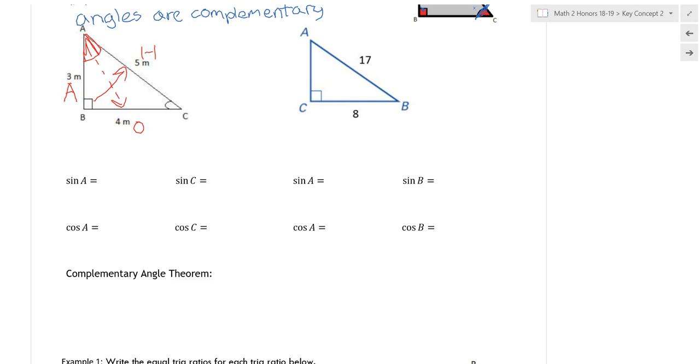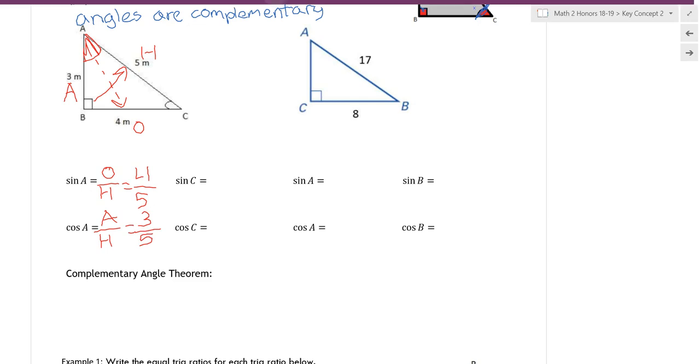Sine of A equals O over H, which equals 4 over 5, since my O is 4 and my H is 5. Then cosine of A equals A over H, my A is 3 and my H is 5. So my sine and cosine are 4/5 and 3/5.